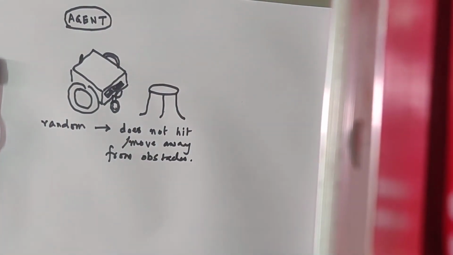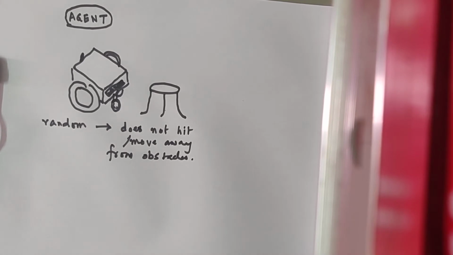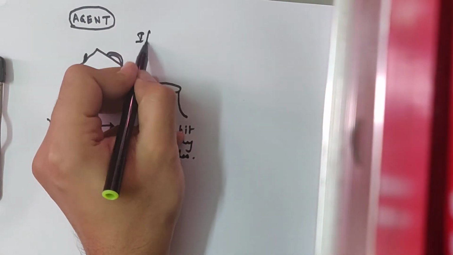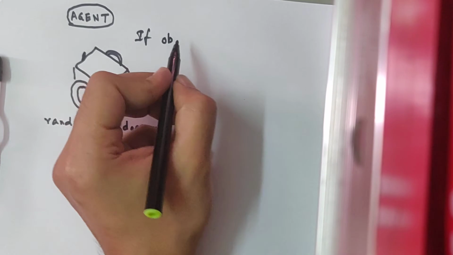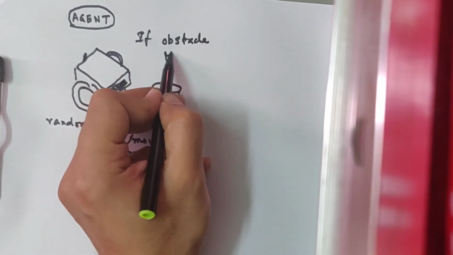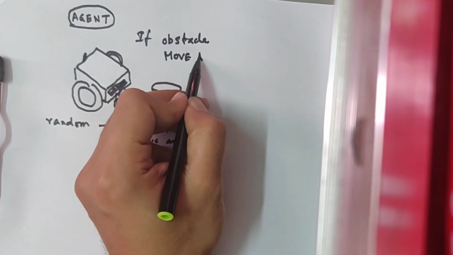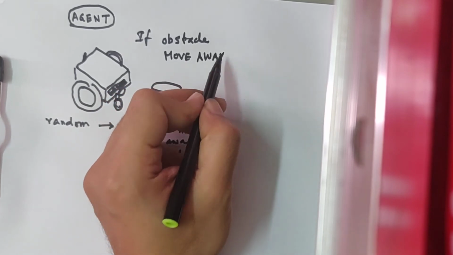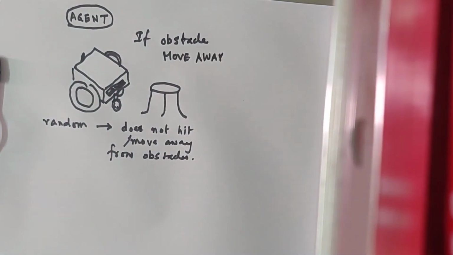So the only program that is written within the agent is, if obstacle, move away. This is the only condition of movement written within the agent program.